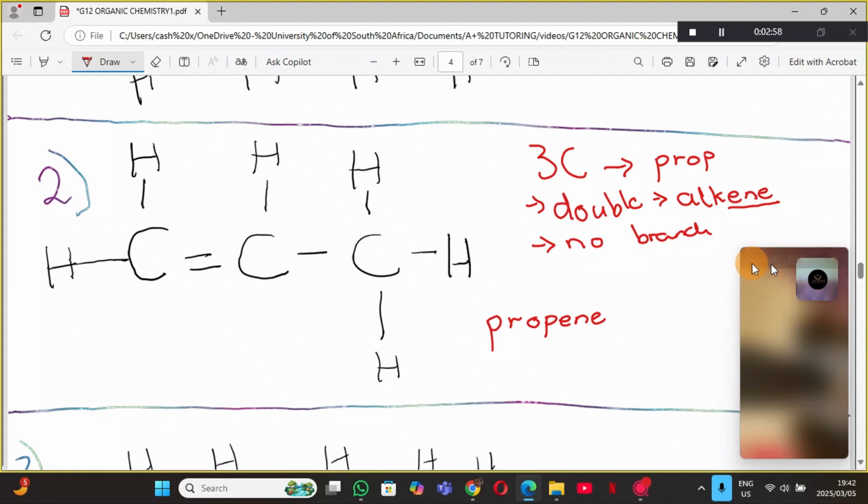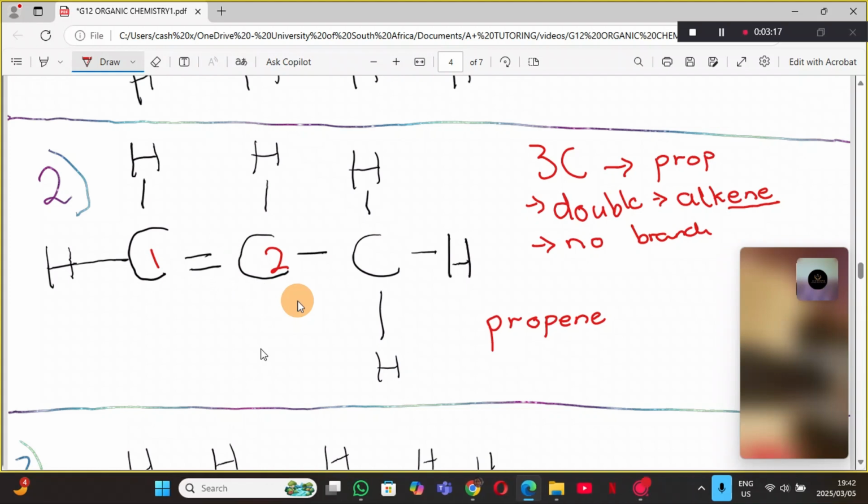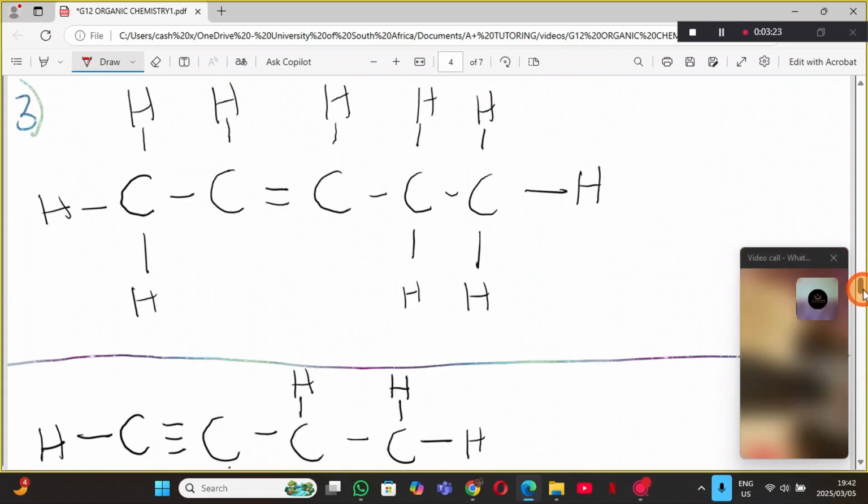But in this case, if it's a propene, it's always going to be between 1 and 2, so I don't really need to say prop-1-ene, because it will always be on 1 and 2. Even if I put it this side, it's still between 1 and 2. You always count from the side closest to your functional group. Okay, I'll show you what I mean when we go on.